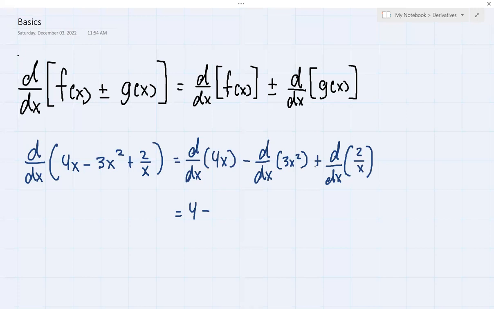Next, minus the derivative of 3x squared. Since meron tayong constant na 3 at meron tayong algebraic function na x squared, we will bring out 3. So 3 times the derivative of x squared. And what do you call this rule?